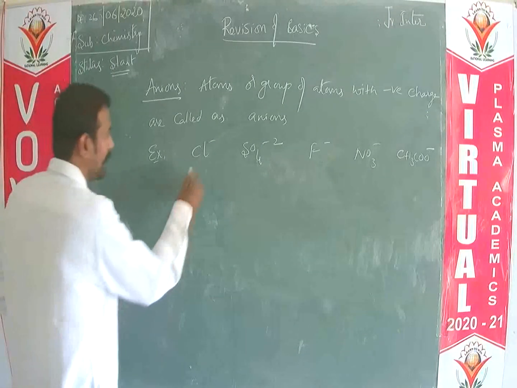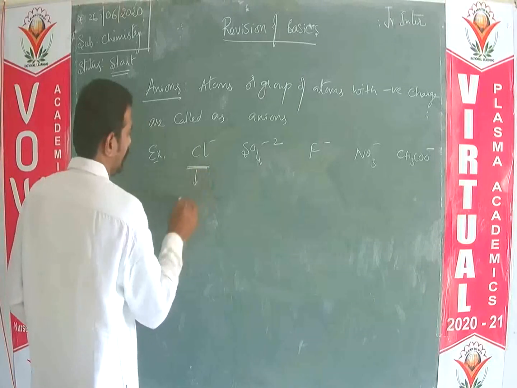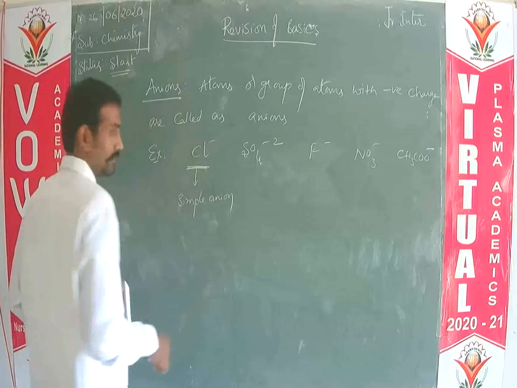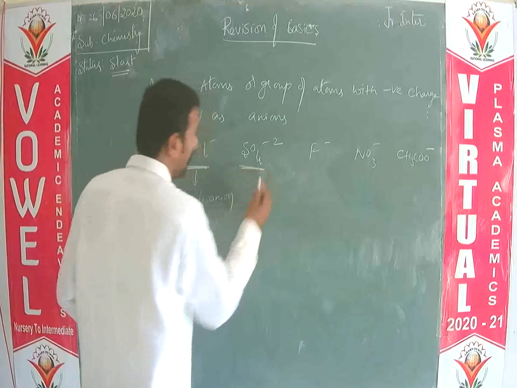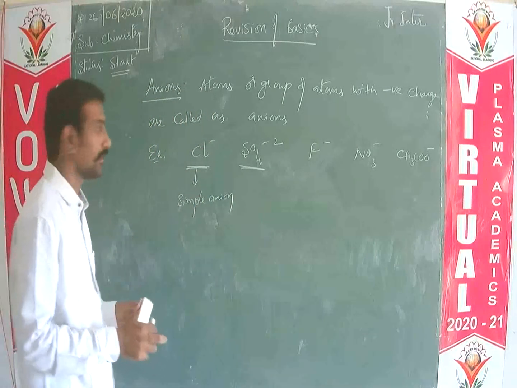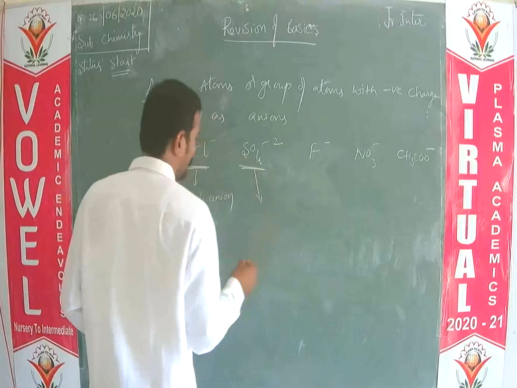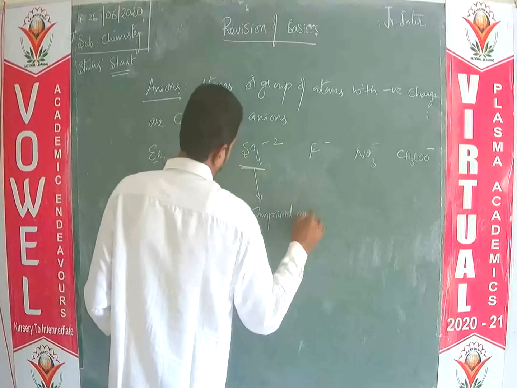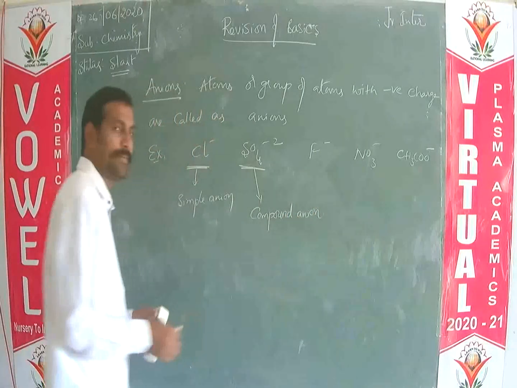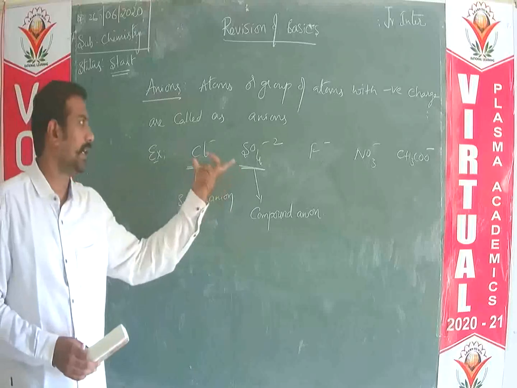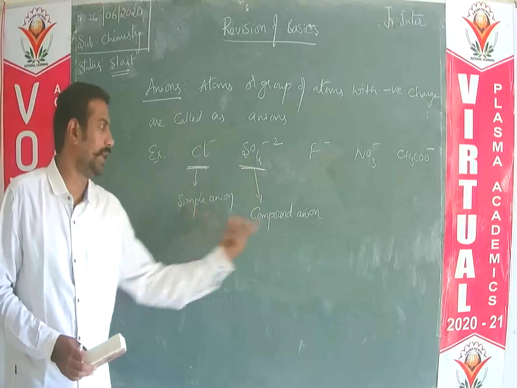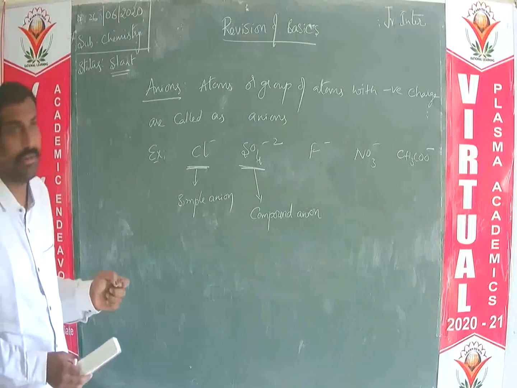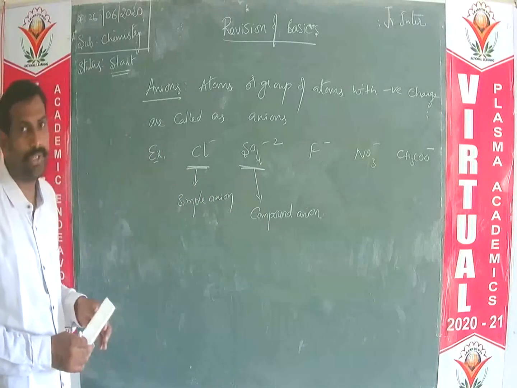See, this is made up of only one atom, no? So this is called a simple anion, whereas this one is made up of two or more kinds of elements. So this kind of anion is called a compound anion. So basically they are classified into two types, simple anion and compound anion. But based on the charge present on the ions, they are again classified into different categories.